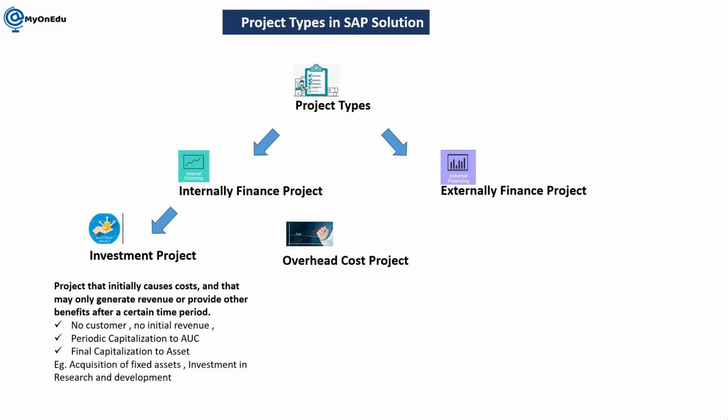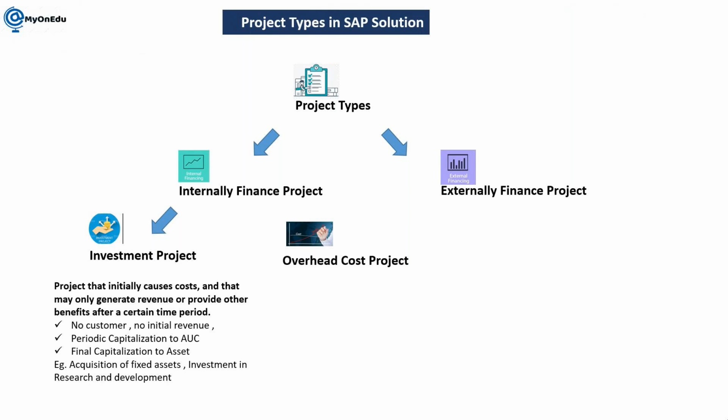The example of an investment project is acquisition of a fixed asset. Let's say you are purchasing a machine, or an office, or a complete plant, or construction of a plant, or construction of an office, or at a personal level, construction of your own house.